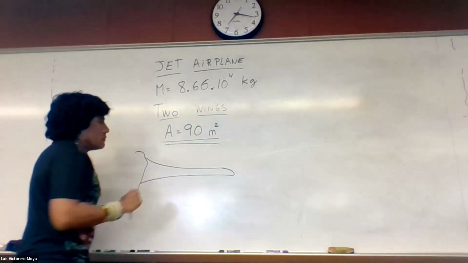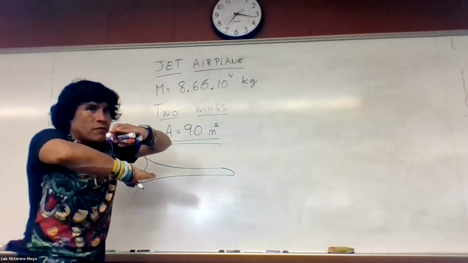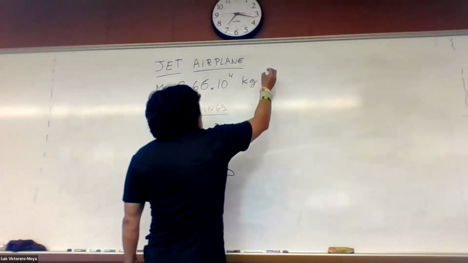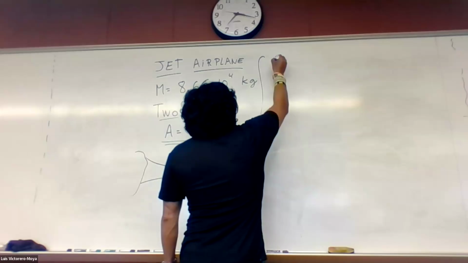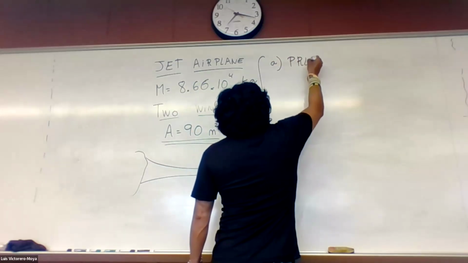So you can estimate a pressure difference between the top and the bottom. The wings have some thickness, obviously. So, A, what is the pressure difference on the wings?